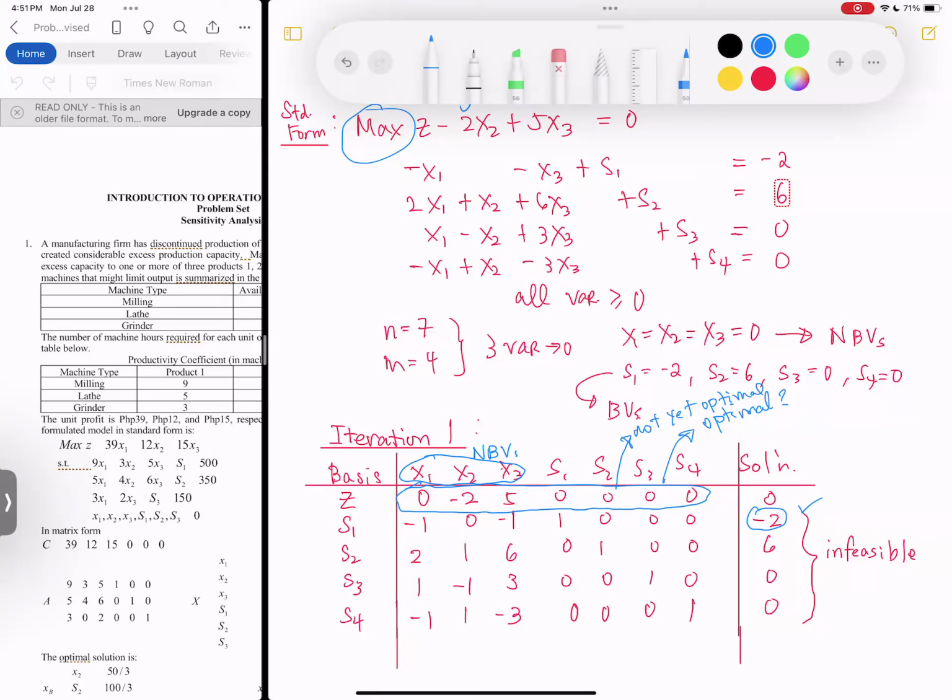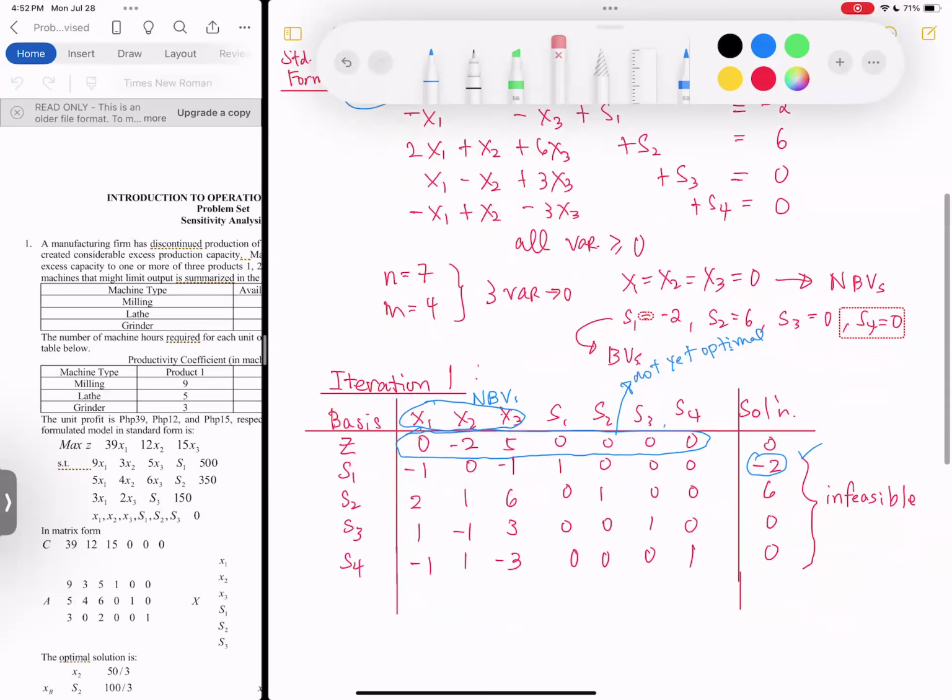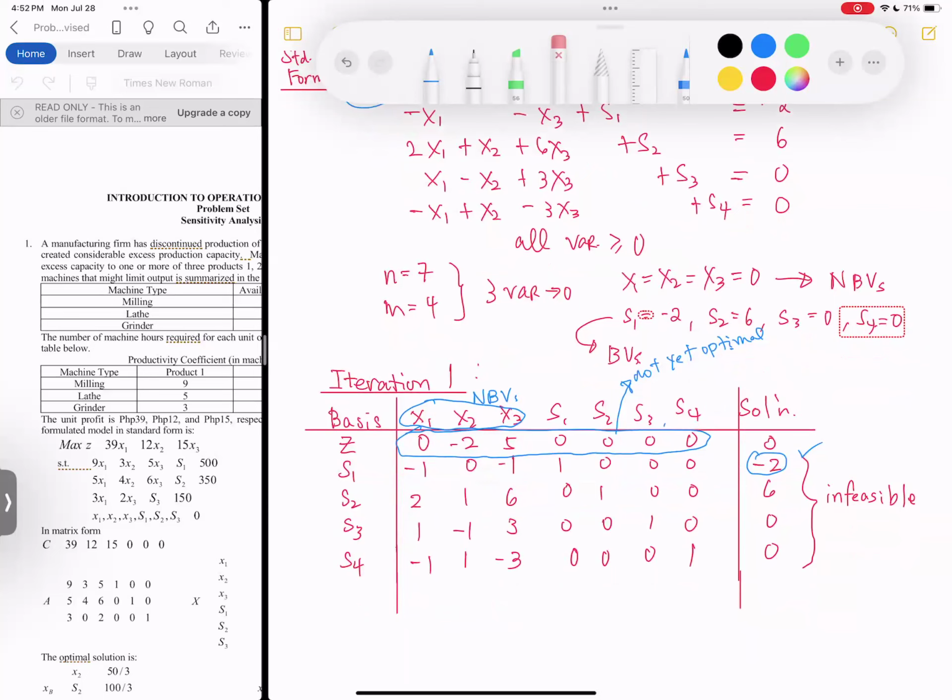So okay, the combination of a zero that is not yet optimal and a solution column that is infeasible will give you what? What is the description of that tableau?